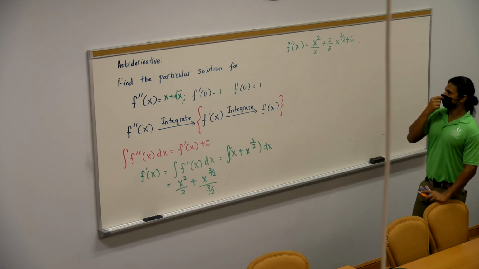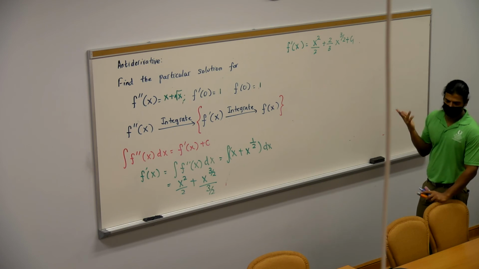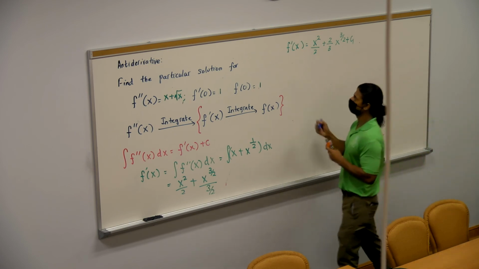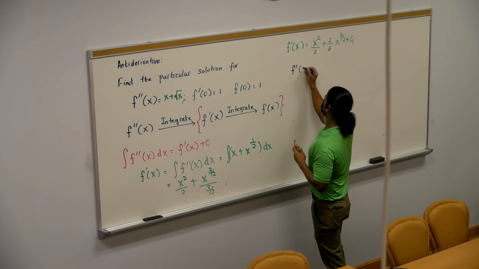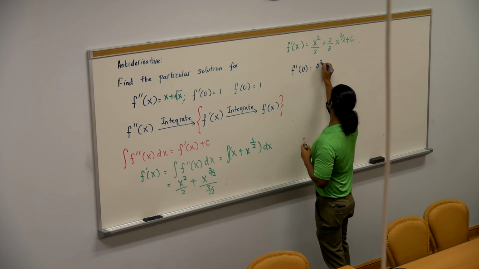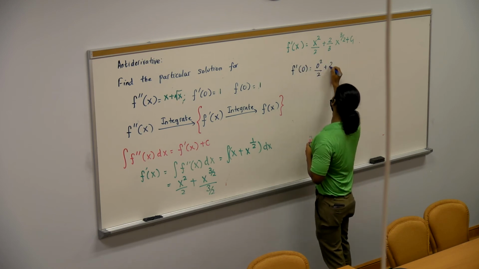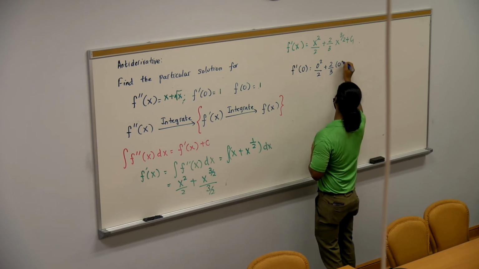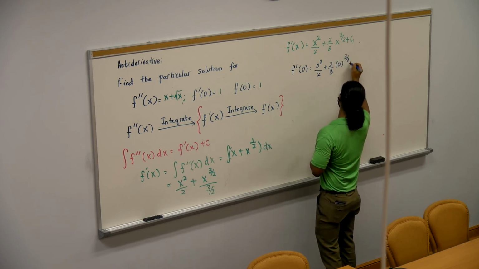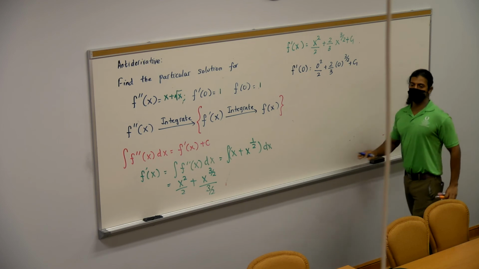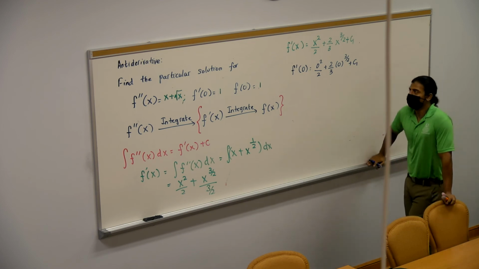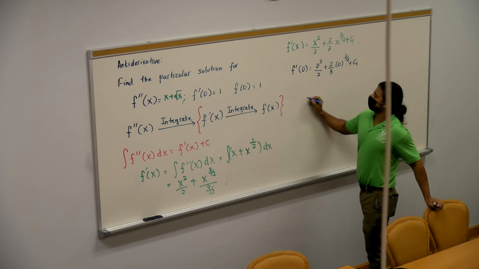We're going to make use of the very first condition, which is f prime of 0 is equal to 1. So plugging in 0 for x, we have f prime of 0, which is equal to 1.